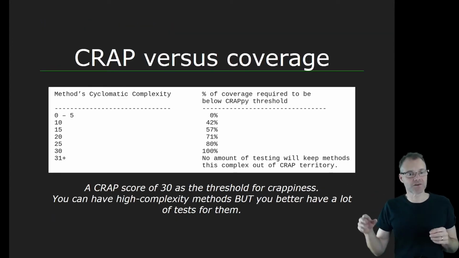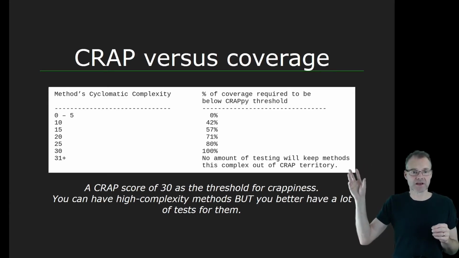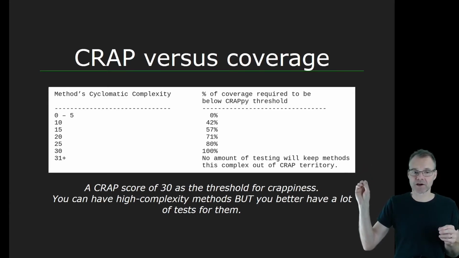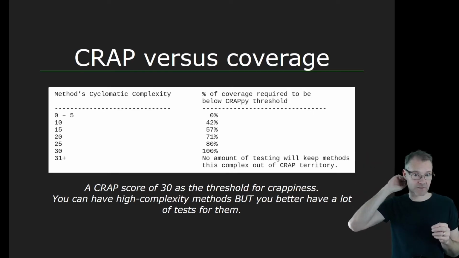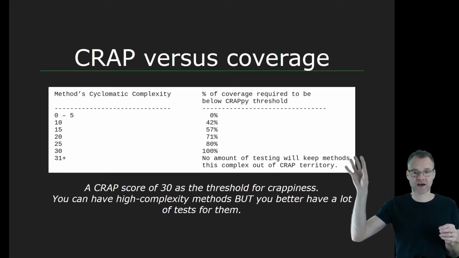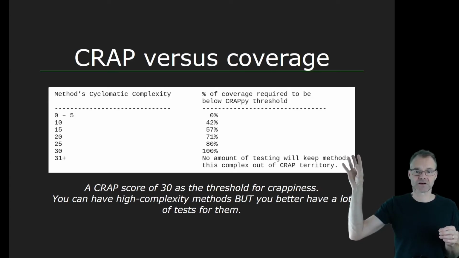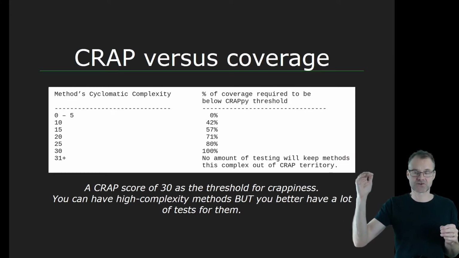Here is a view of this where we compare the method's cyclomatic complexity. So you see here, if we have a very low cyclomatic complexity, like 0 to 5, then they say we don't even need any coverage of that code to consider it non-crappy.